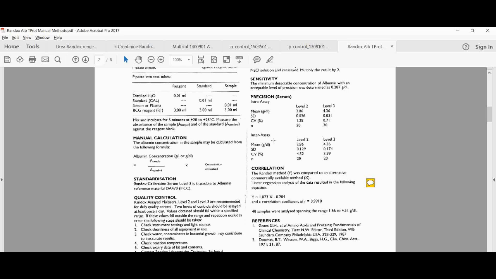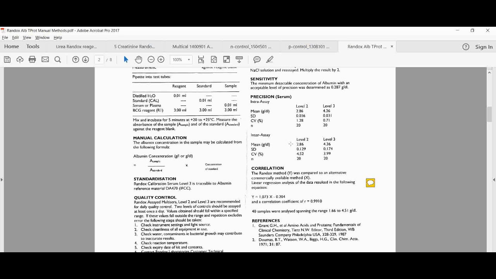With inter-assay, this is not 20 times consecutively. It is on different days. So with inter-assay, it is between normal assays.